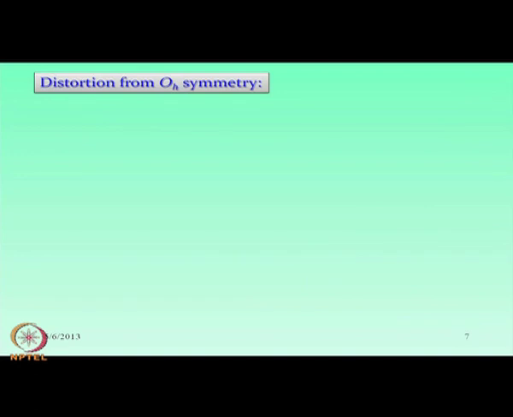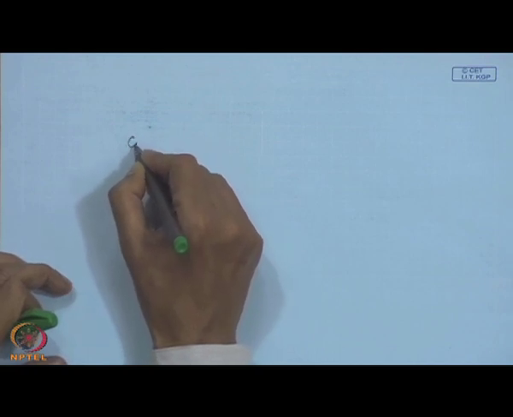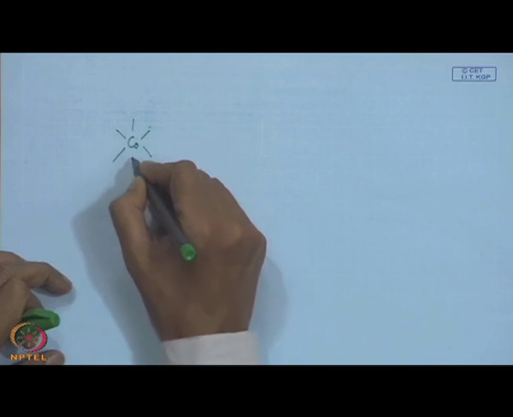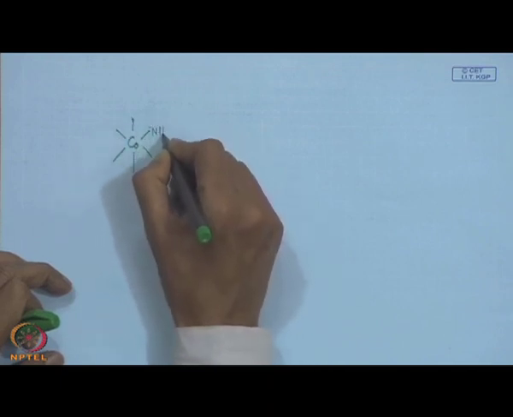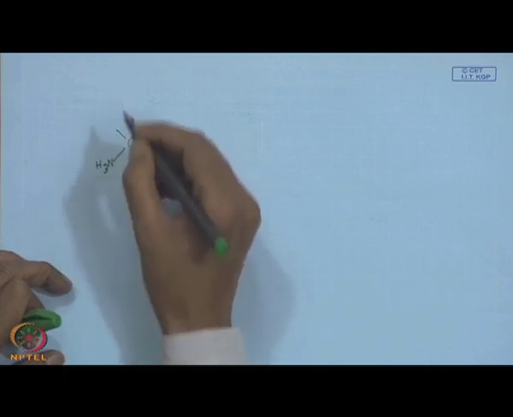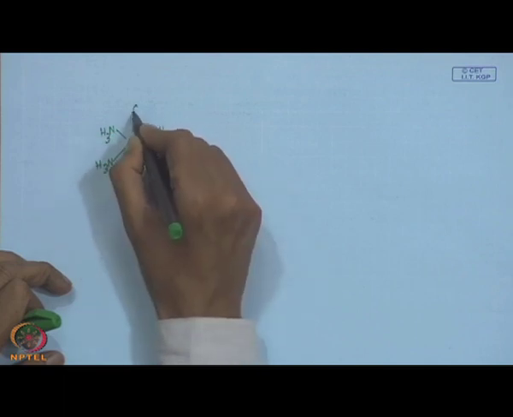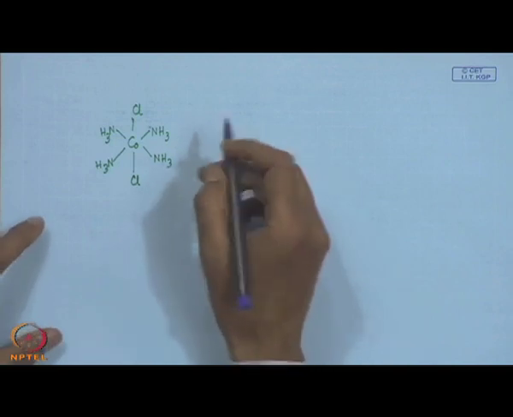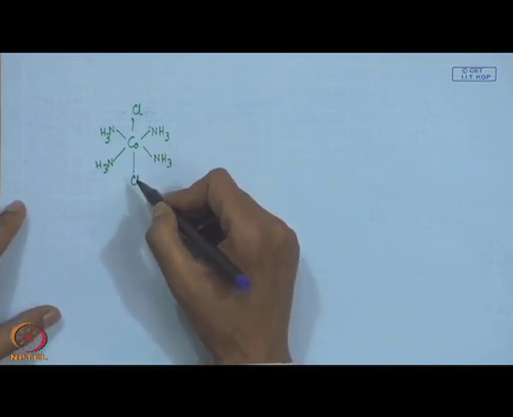So, how can we get a distortion in the octahedral geometry? Because whenever we have different types of donor atoms, like in our cobalt compound, cobalt with 4 ammonia groups and 2 chlorine groups, in this situation they are not homoleptic, they are a heteroleptic complex because we have 2 types of ligand groups present.